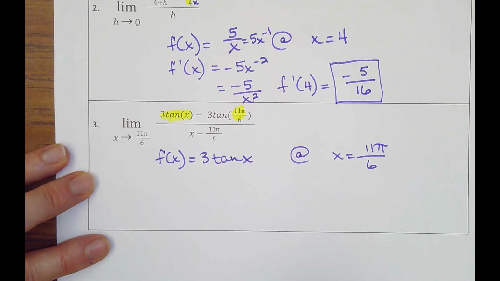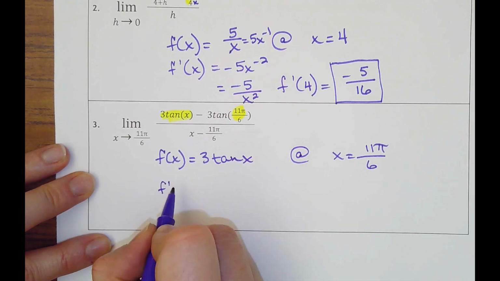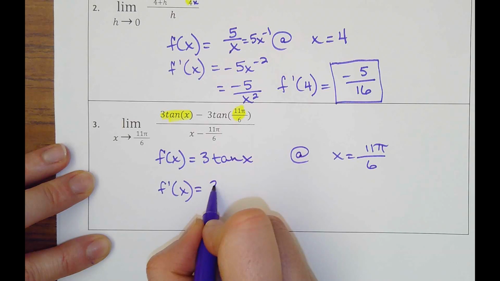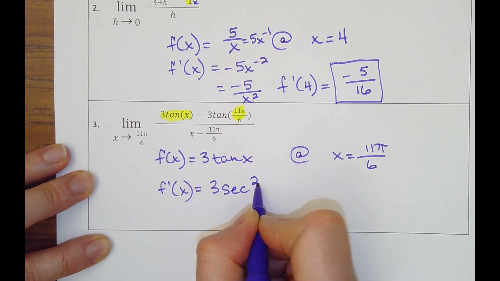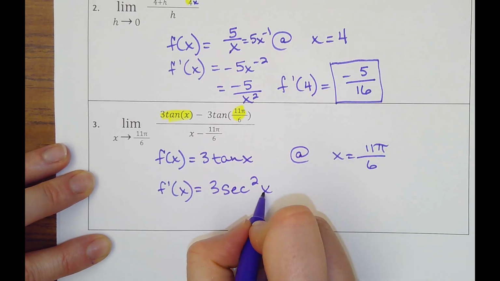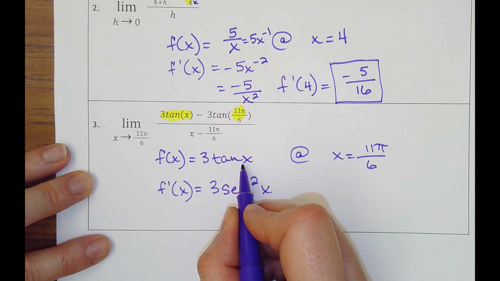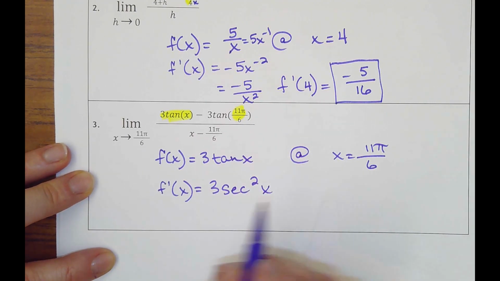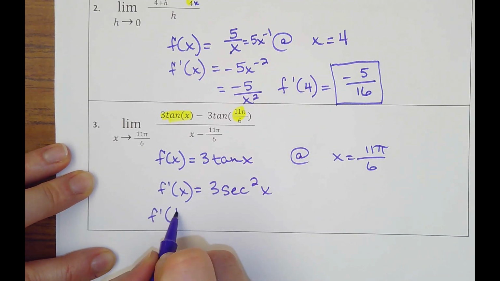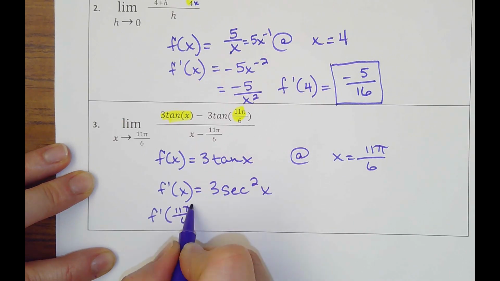Okay, derivative of tangent is secant squared. So it'd be 3 secant squared of x. No chain rule because there's nothing inside the trig part. And then I want to plug in 11 pi over 6.